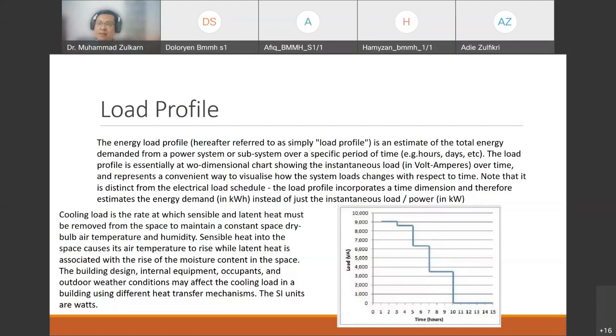But when the ambient becomes rainy and cool, or at night, it is easier to change from the ambient into the demand temperature, so not much energy is consumed. So in day operation, it will take much more energy compared to the night condition. That is what we call the load profile.